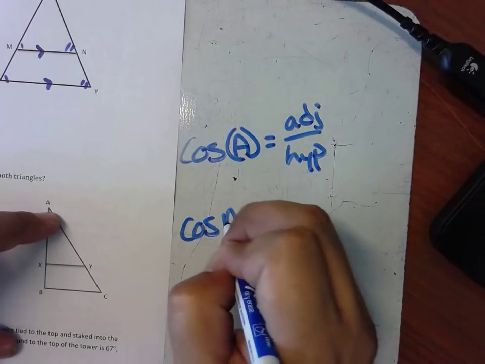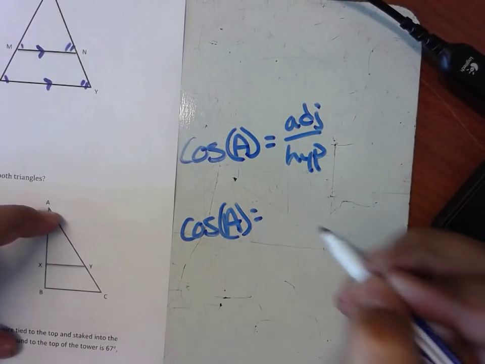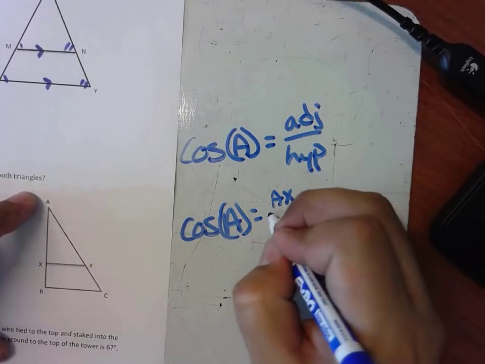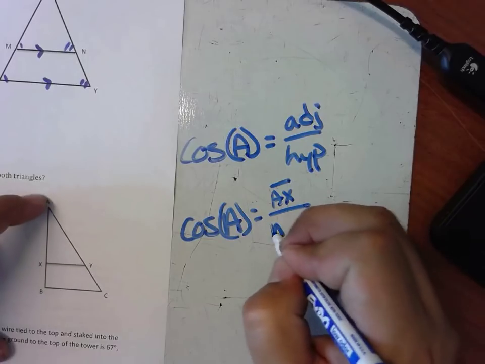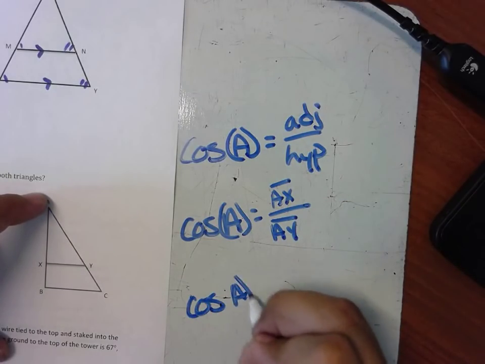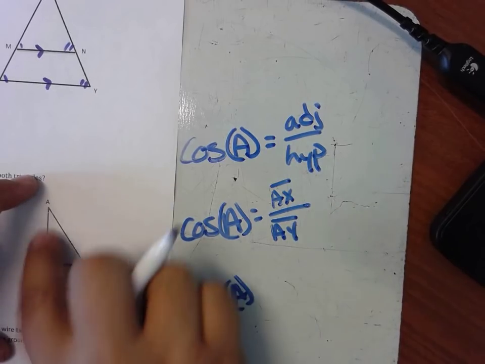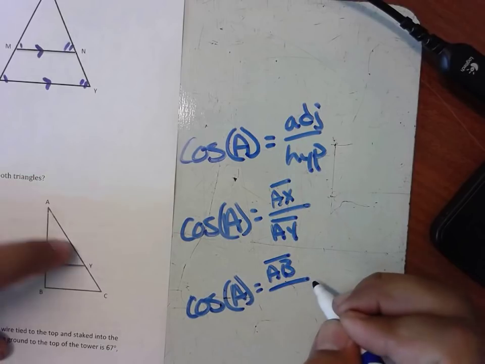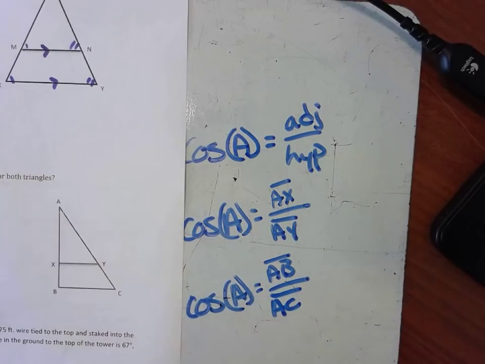So cosine of A, we'll do the small triangle first. Adjacent AX over hypotenuse AY. Cosine of A for the large triangle, adjacent AB over hypotenuse AC.